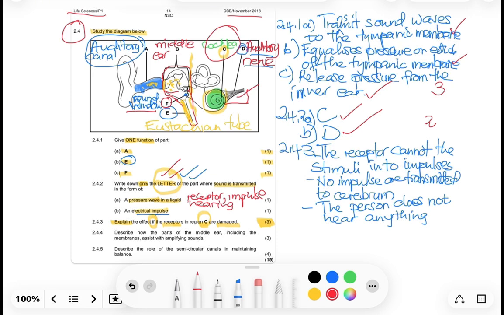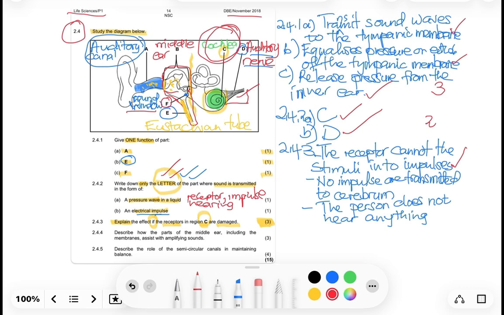This one was asking us to explain what would happen if receptors in region C, which is our cochlea, are damaged, right? The expected answer was that the receptor cannot convert stimuli into impulses. So the mark is here, right?